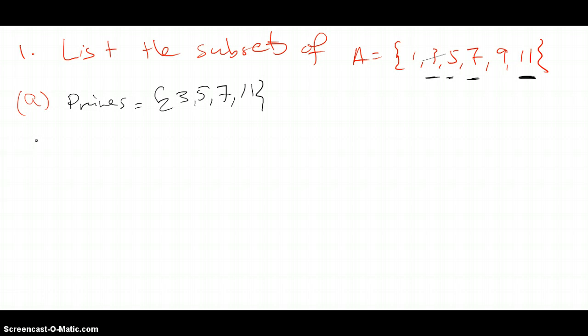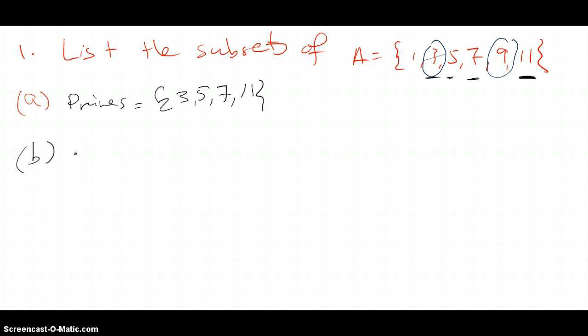Okay, now if you look at question B, it says the set of numbers in A divisible by 3. I'm just going to use different ink now. So which numbers are divisible by 3? Obviously 3 is divisible by 3, and 9 is divisible by 3.